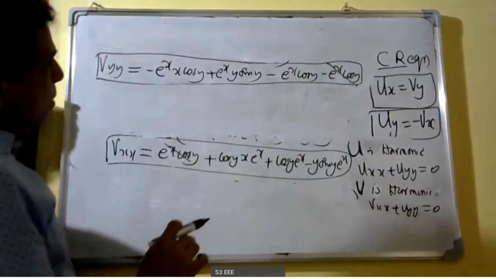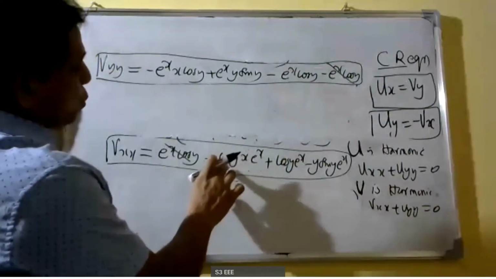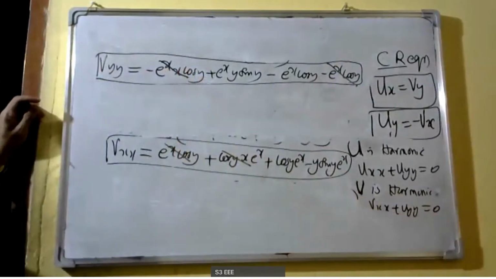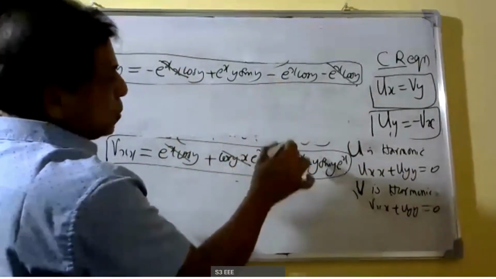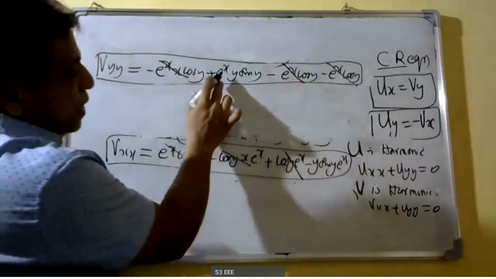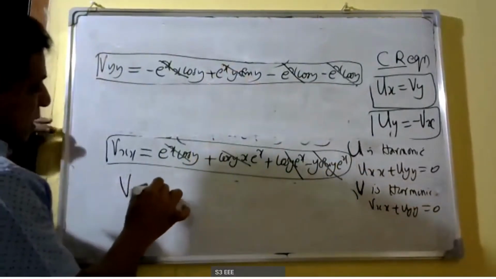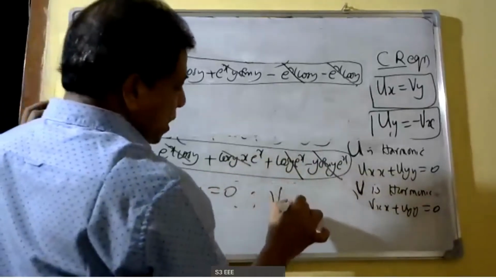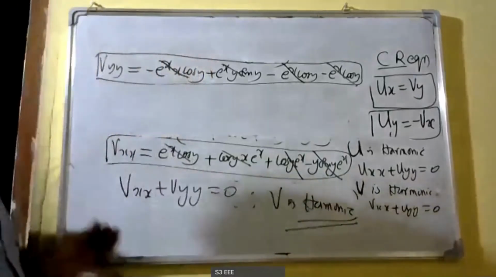Then cos y into x into e raised to x cancel. Then e raised to x into cos y plus e raised to x into cos y cancel. Then y sin y e raised to x and y sin y e raised to x cancel. Therefore, vxx plus vyy equal to 0. Therefore, v is harmonic.